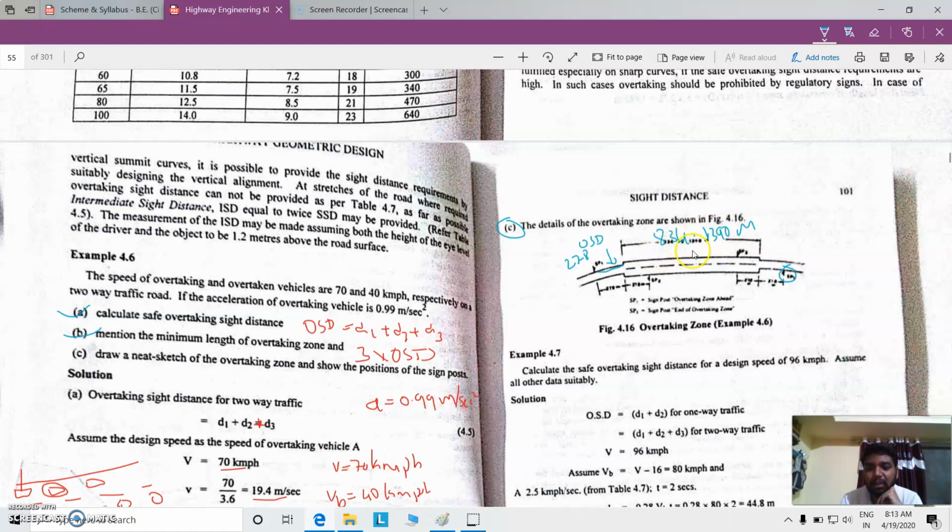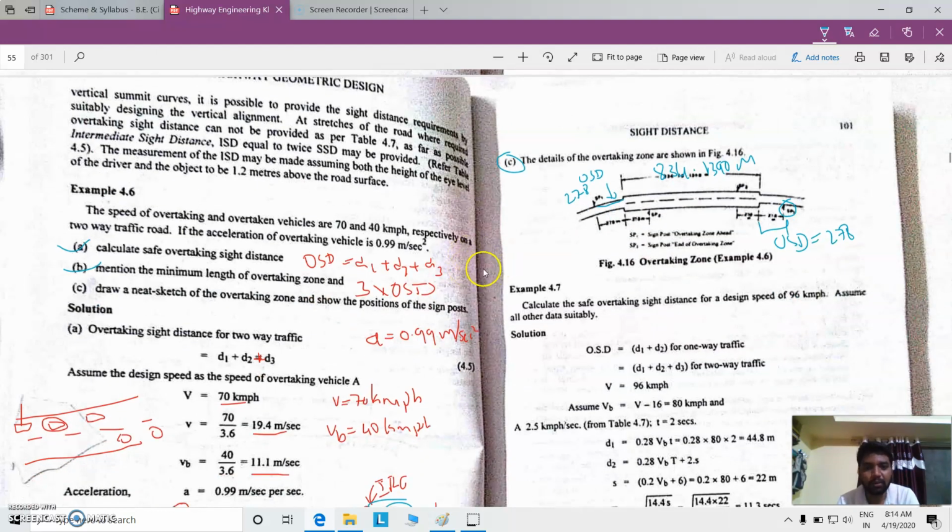This must be written here. And after that signpost 2 is again given with the overtaking sight distance as 278 meters. Once you draw this diagram, your problem will be over.